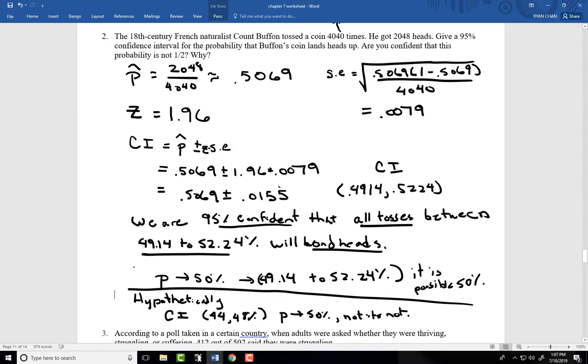So remember, the confidence interval is almost a margin of error. It's kind of a safety net. A lot of times we'll say, maybe it isn't 50%, but it could be between 48 to 52.